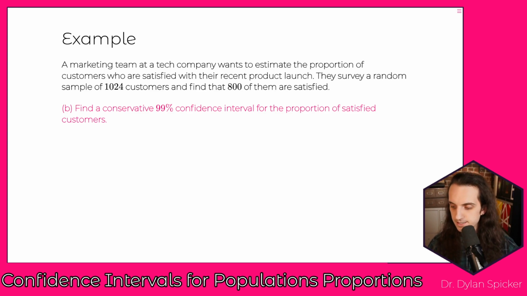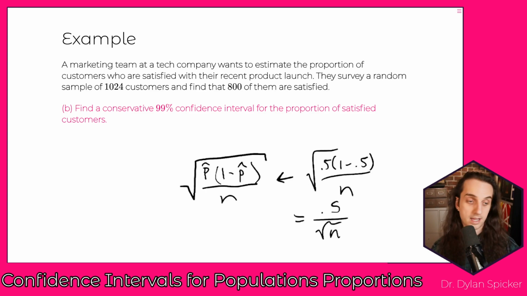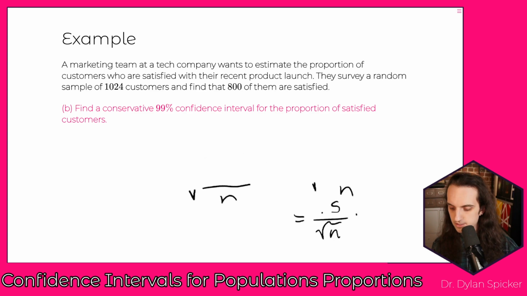Now, the thing to note in this case is that we don't actually need to change a whole lot of anything that we were doing, except when we're taking this root of p hat times 1 minus p hat over n. We're going to replace this by the square root of 0.5 times 1 minus 0.5 over n, which is just 0.5 divided by the square root of n. And by replacing it with this term, we're going to make sure that the interval is actually conservative.